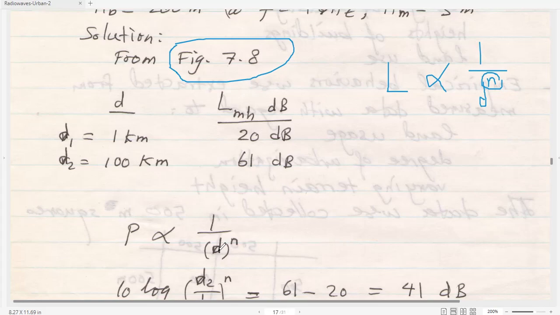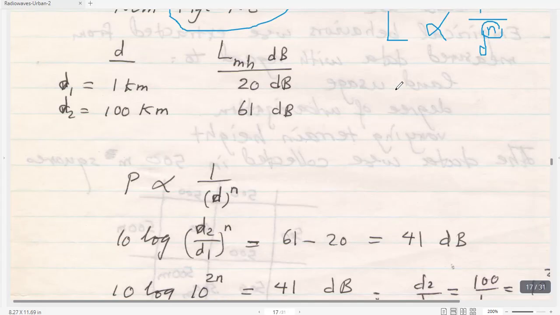When you increase the distance, the power will decrease. The loss depends on whether you are using L less than 1 or L greater than 1. L less than 1 means you are multiplying the power received by L. If L is greater than 1, you are dividing the expression by L. Both are okay, as long as you know what you are doing.